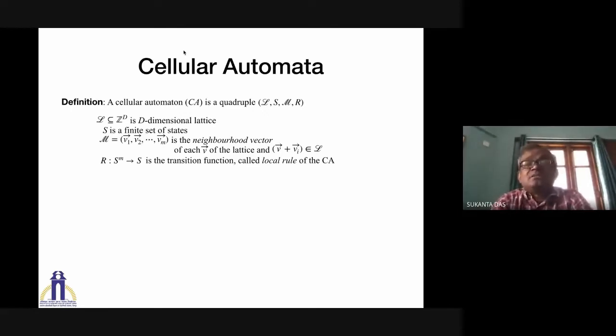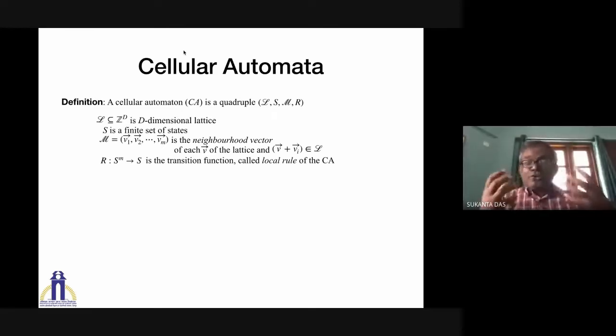From one initial configuration, it moves to another configuration, and so on. Space is discrete, obviously, since L is Z to the power d. Time is also discrete. So it's a dynamical system. And the CA performs a local computation. That R is the local rule.